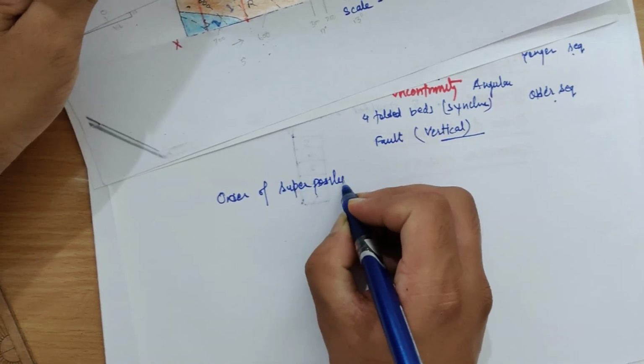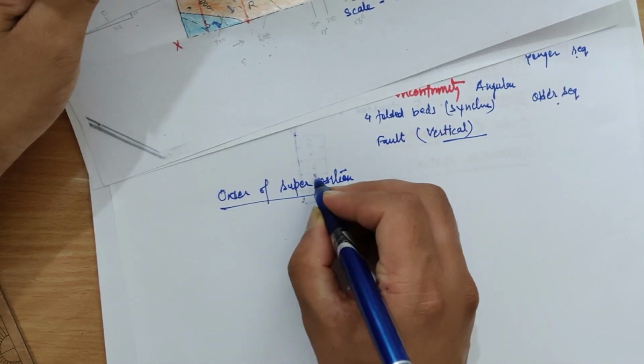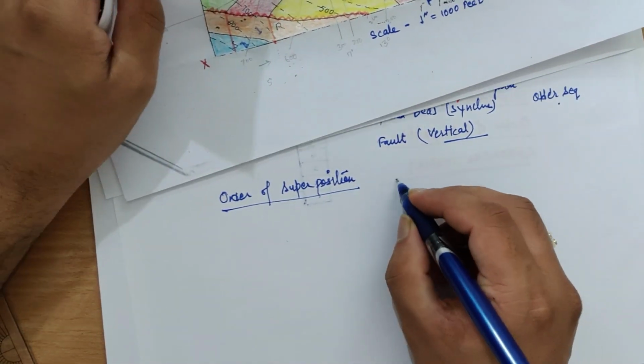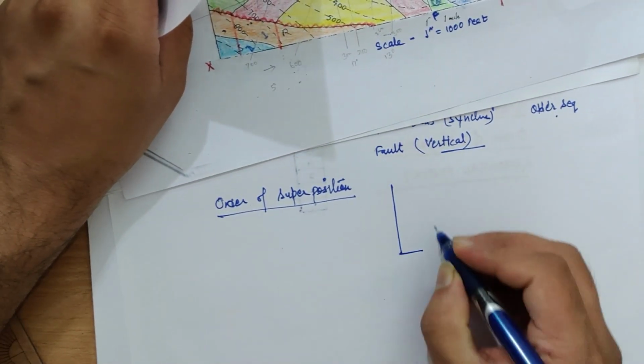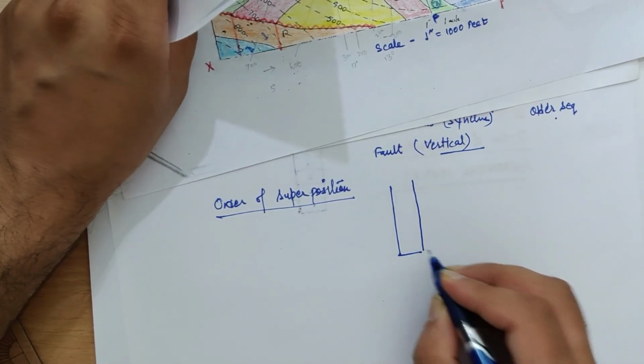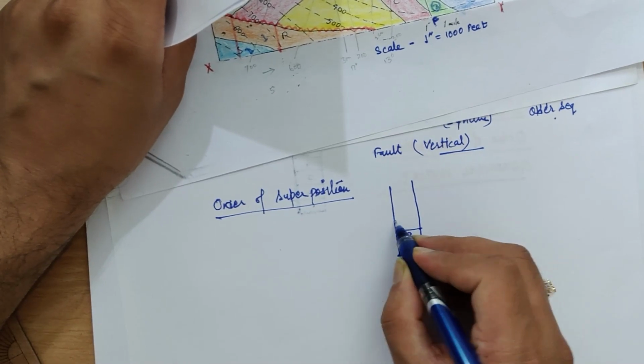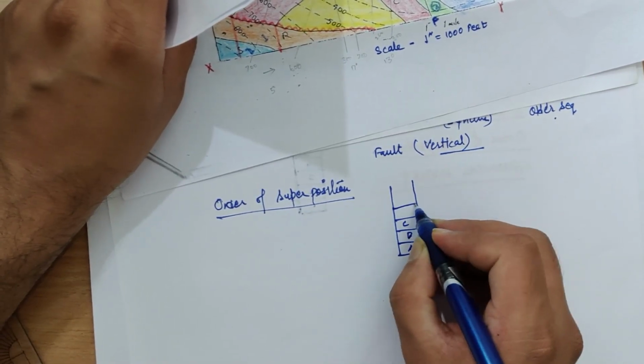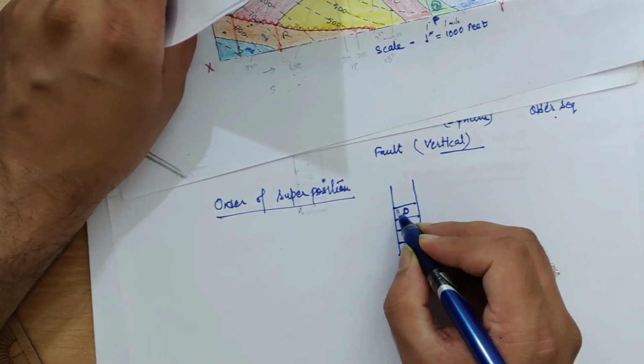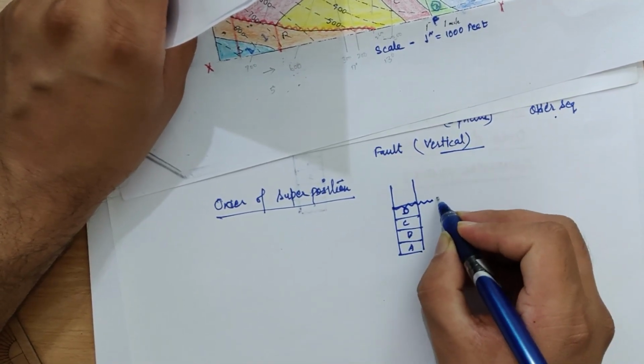In order to draw the order of superposition, we take the initial undeformed position. So that is A, B, C, and D. The upper surface of D is an unconformable surface. This is the unconformity.